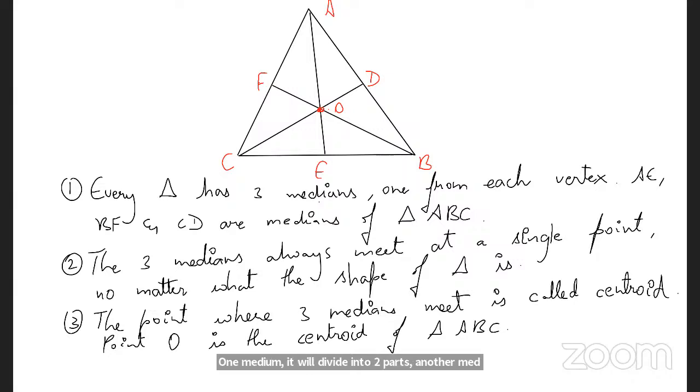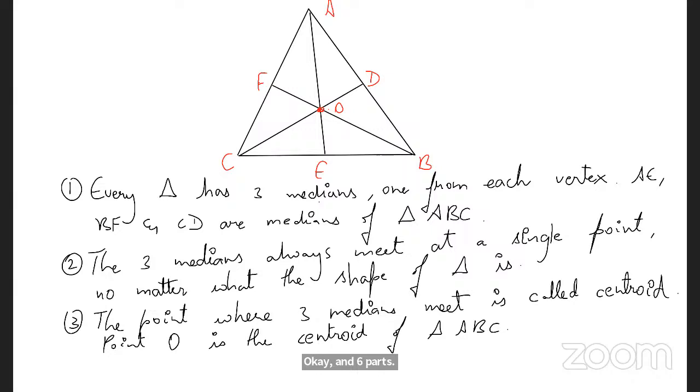Another median, again it will divide it into two more parts. And then one more median, it will divide into two more parts. So three medians we can make in each triangle. So how many parts will it divide into? The triangle in six parts altogether. Okay. In six parts, the three medians will divide a triangle.